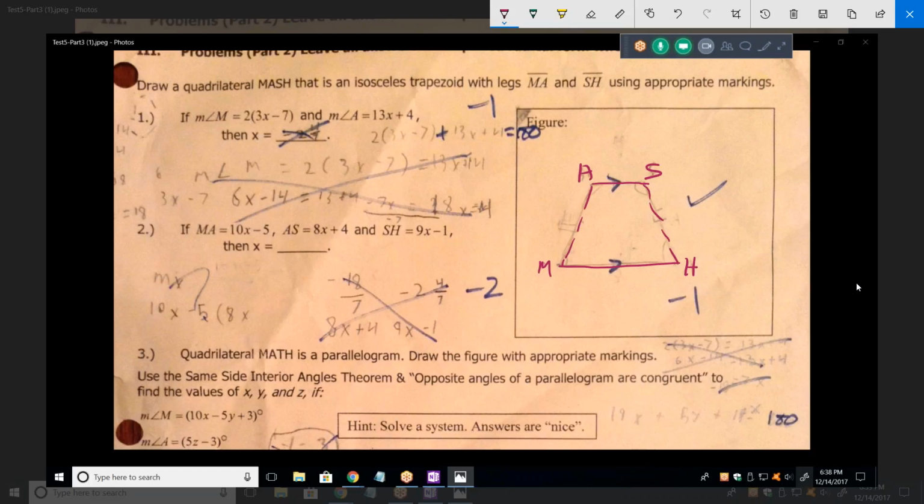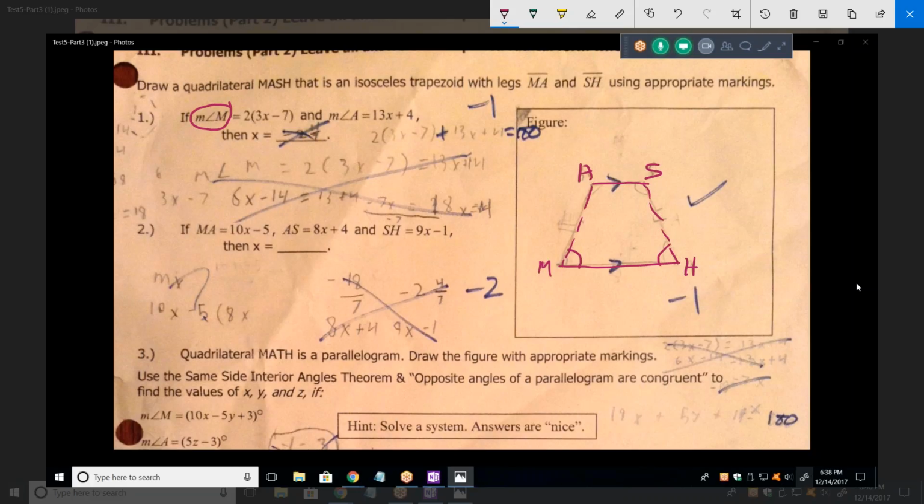Okay. So they're asking about angle M. What does that mean about angle M and angle H? That angle M is congruent to angle H. Which means the measurement is the same. Notice these questions are all about measurement. They're not about congruency. So you can jump directly to the measurement of M is equal to the measurement of H. I tell you what, at some point in geometry, stop using words like that.